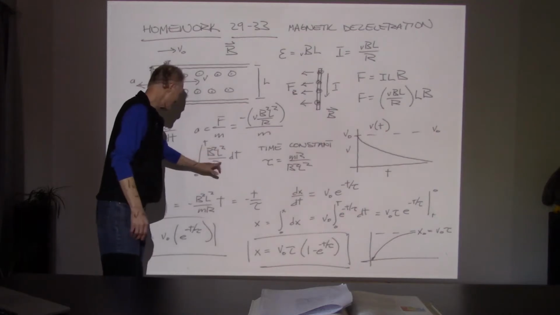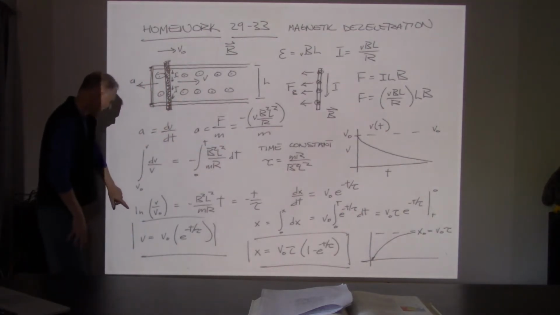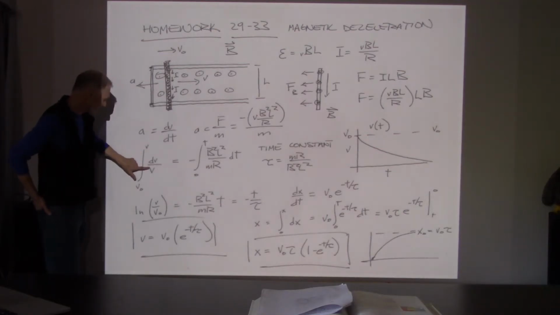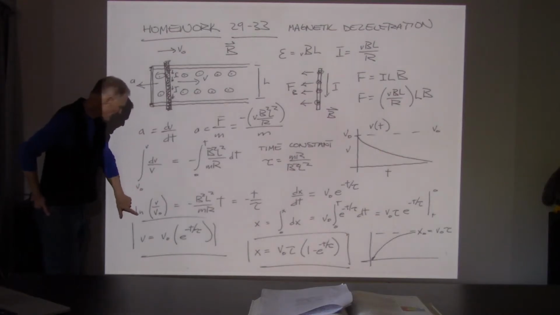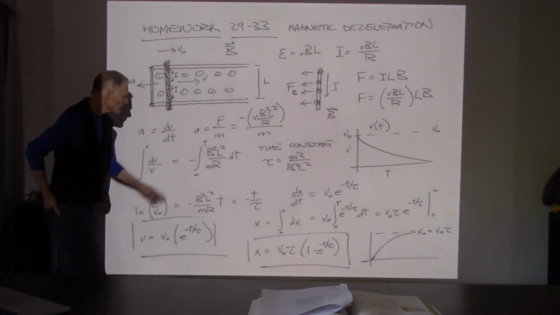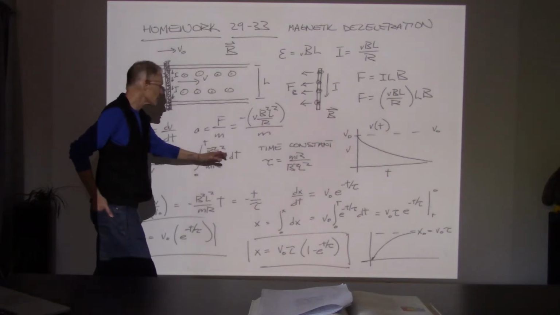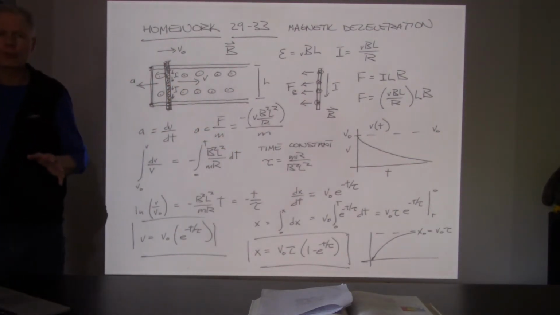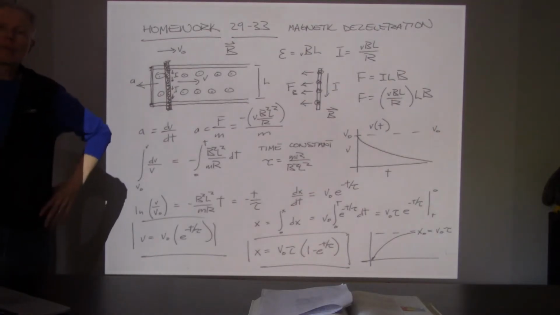Now, there's too much stuff going on. There's too many constants here. I did the integration, and what I got was the ln on this side. I got the ln of v between v and v naught, and that gives me the ln of v over v naught. Now on the other side we've got a lot of constants, so what I did was I defined a time constant. All through the course, all through circuits, we've had time constants.